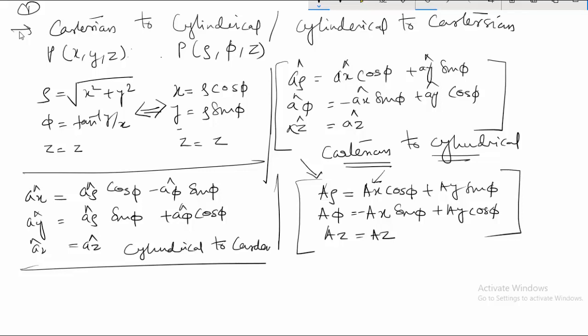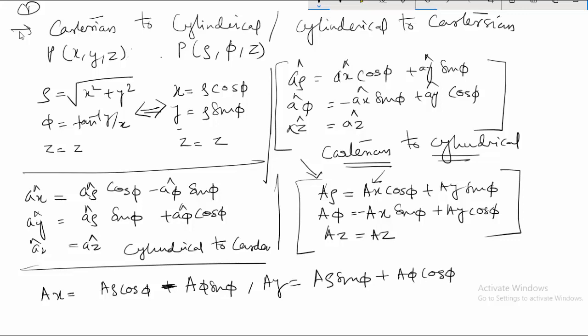And again finally, from cylindrical to Cartesian you can convert it as ax is equal to a rho cos phi minus a phi sin phi, and ay is equal to a rho sin phi plus a phi cos phi, and az is equal to az.